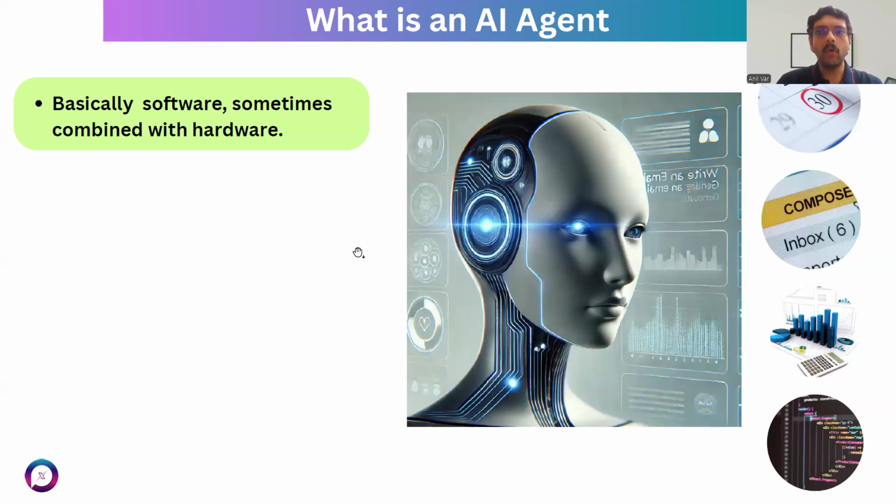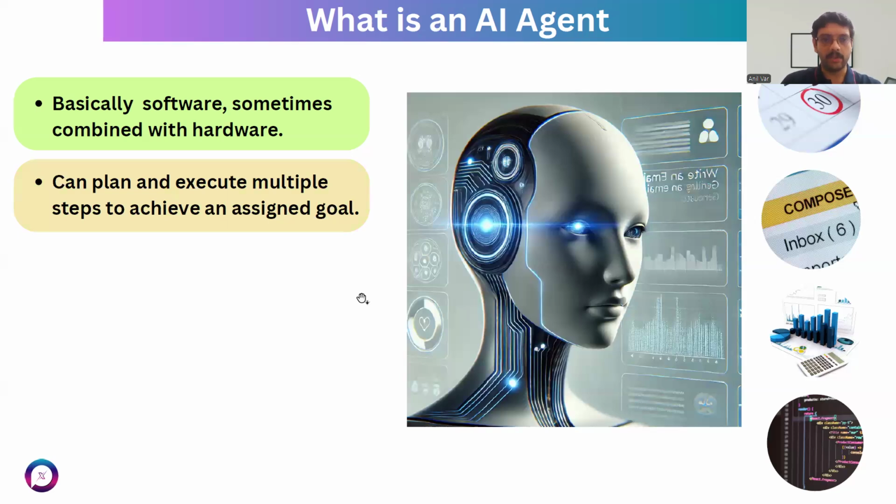So let's quickly overview what an AI agent is. An AI agent is basically software, and sometimes it's combined with hardware depending on the task it's operating. What an agent does is plan and execute step by step to achieve a goal that's assigned.